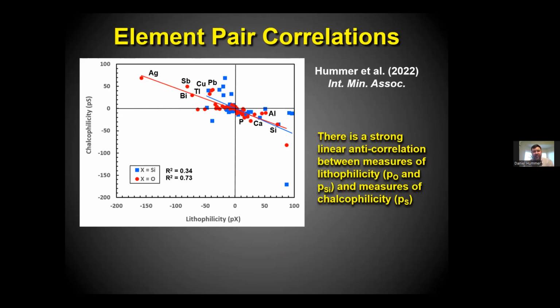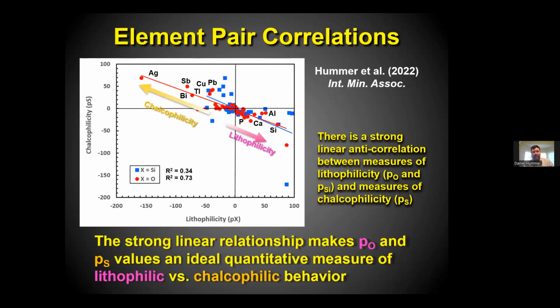And it starts to correlate minerals that have these elements, and what we see in the natural world starts making even more sense. So we have lithophilicity downward in that direction, and then chalcophilicity in that direction.